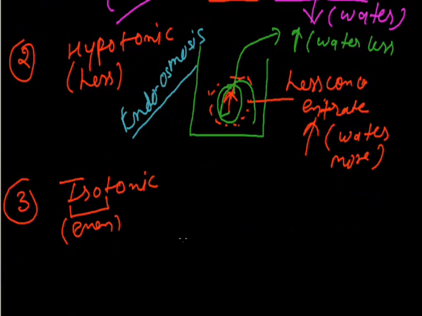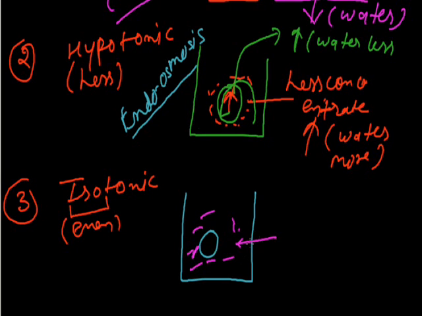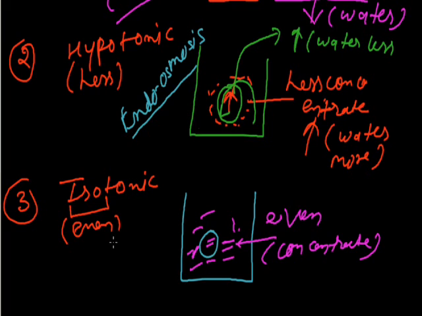Next is isotonic. In this isotonic solution, if I put the cell in a medium where the outer medium has even concentration as compared to the cell, it means both media have even concentration, so there will be no movement, there will be no osmosis and no movement of water.